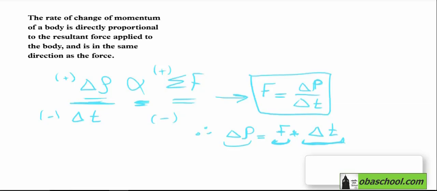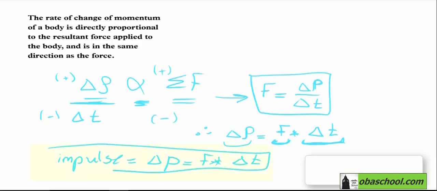So we can calculate the impulse, which is the delta P, which as we know now is F times delta T. So the impulse is what will tell us how much time we are going to take to apply that force, which is also the delta P, which is the change in momentum.